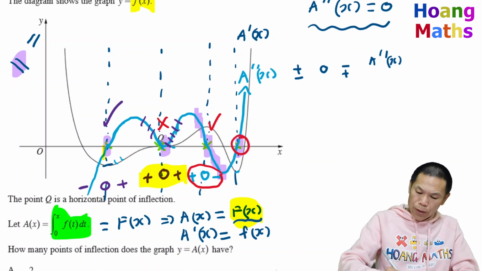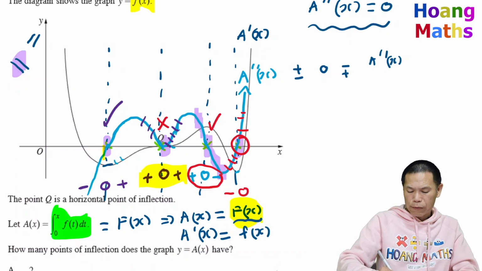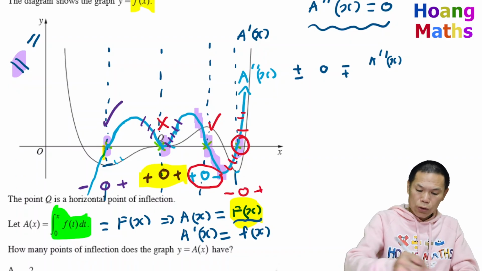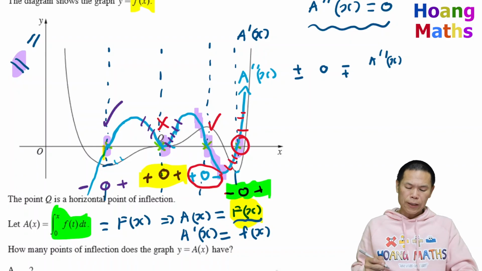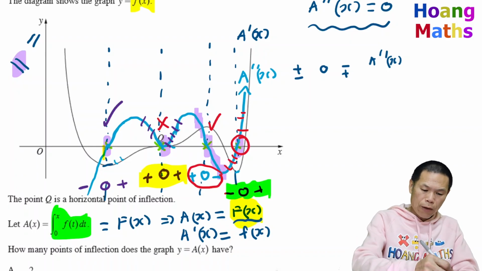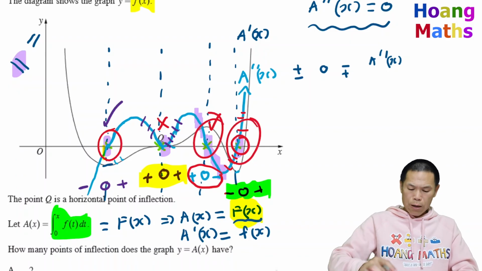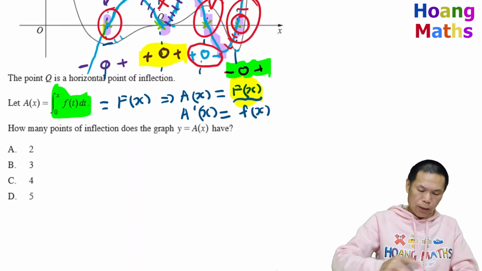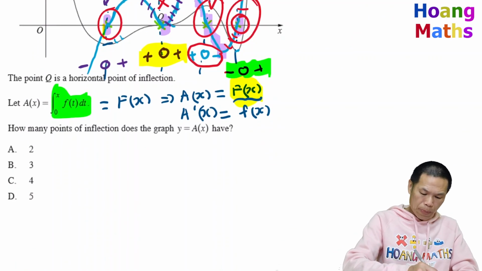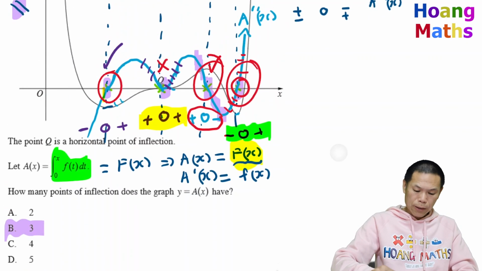We have negative and 0, of course, and we have positive. So this also changes in concavity. So what do we have? Let's have a look. We have 1, 2, and 3. So 3 points of inflection. So the answer should be B.